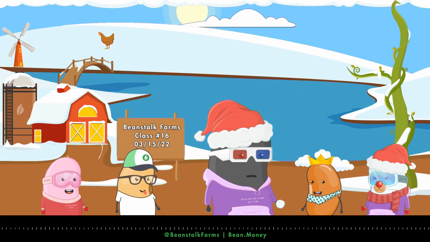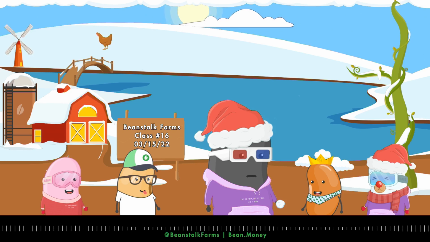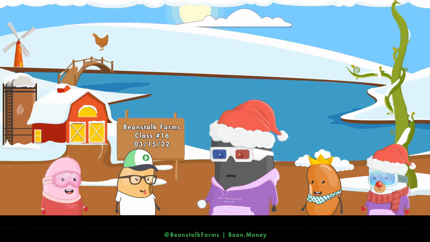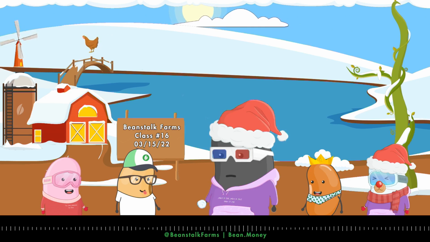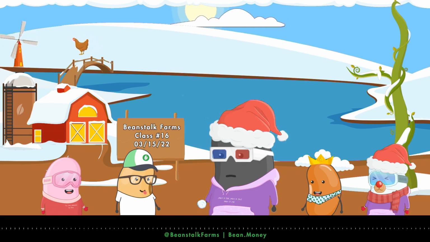But in short, Beanstalk Farms has a whole middleware team that's working on upgrading and basically developing an open source SDK to support really easy development for other people to start to integrate and build on top of Beanstalk.